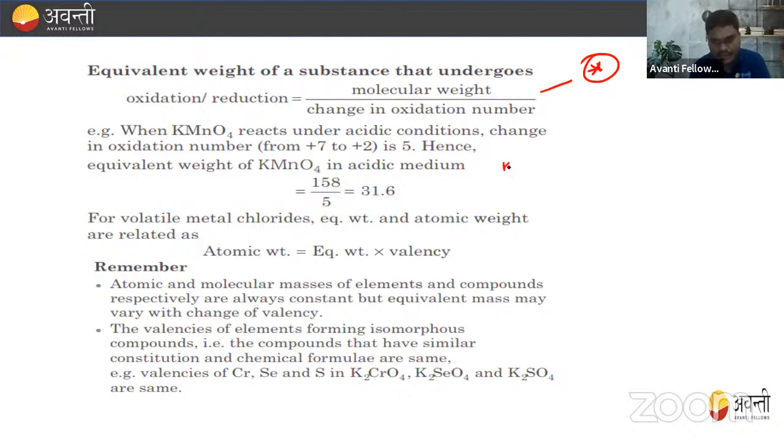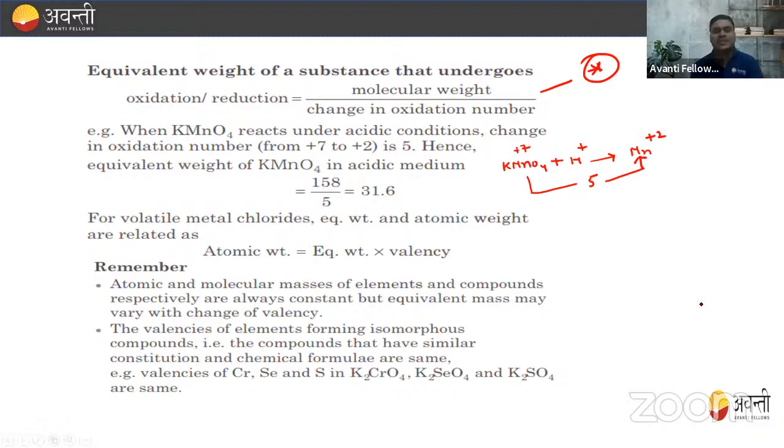Here we have KMnO4, and when they react in the acidic medium, they are converted into Mn+2. So here we know the oxidation state of Mn is +7 and here the oxidation number of Mn is +2. So कितने का चेंज हुआ बेटा? From +7 to +2 कितने का चेंज हुआ है? 5 का चेंज हुआ है ना, +7 to +2, right?